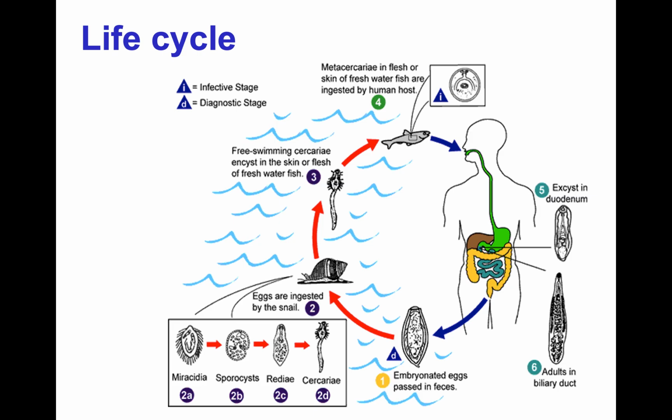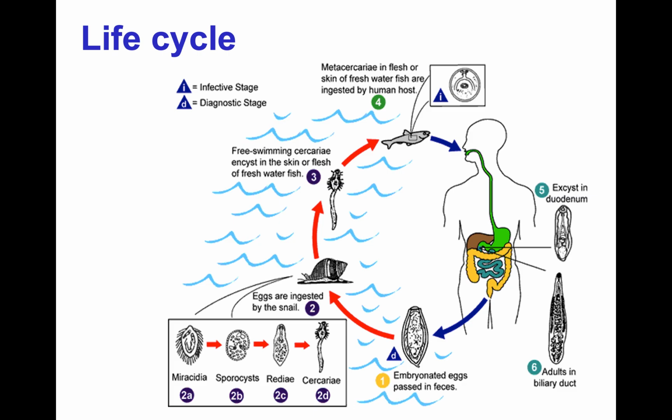So when people are eating the flesh or eating the skin, they get inside, and then they travel down the GI system, and they prefer to live in the bile duct. After some time, they were excreted in the duodenum, and then the adults live in the biliary duct.